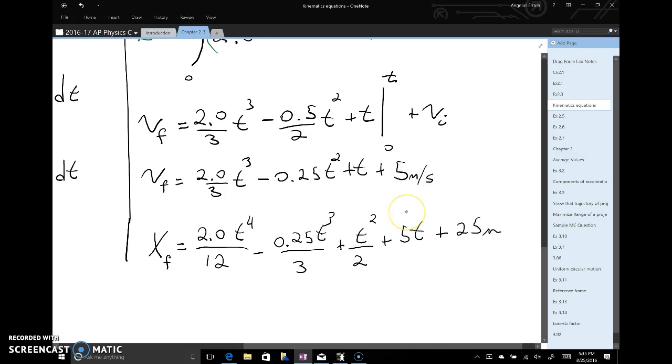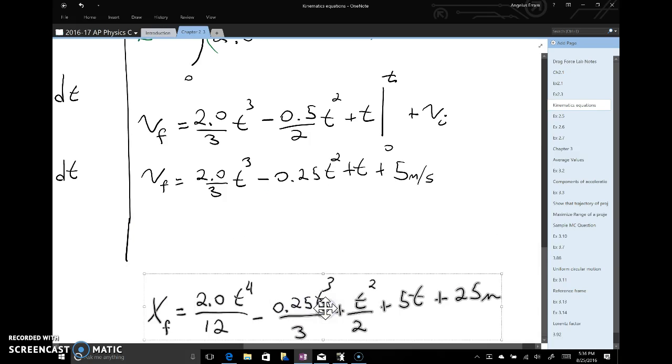initial velocity. If we want to find our position, we need to integrate everything again with respect to time. And let me just write that out explicitly here. So we're going to have our change in position is equal to the integral of the velocity with respect to time.